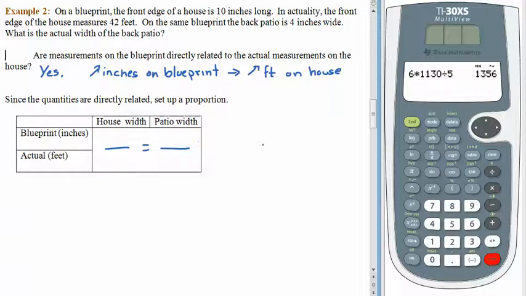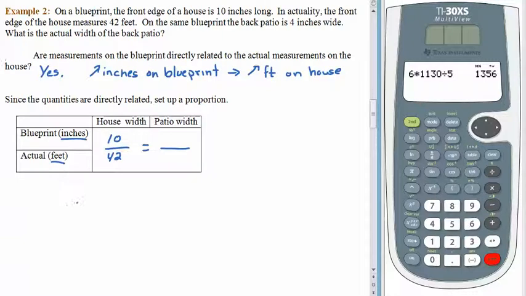All right, so let's see. We'll start with our proportion framework and see what we can fill in. On the blueprint, the house is 10 inches. So we don't need the units in here because I've already got inches over here on my label. Happens to actually be 42 feet wide.